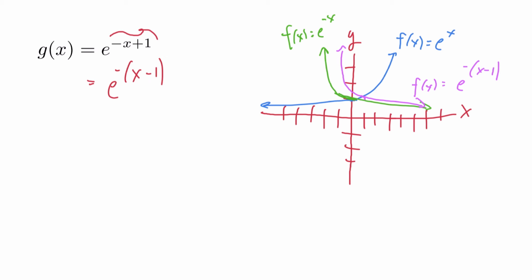Okay, so the pink function is ultimately what I'm interested in. This g of x equals e to the minus x minus 1.